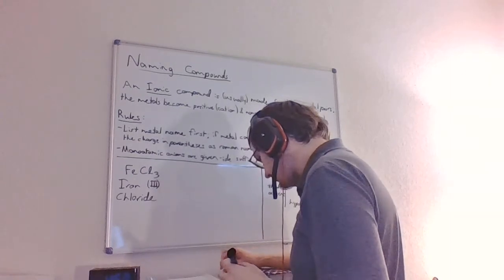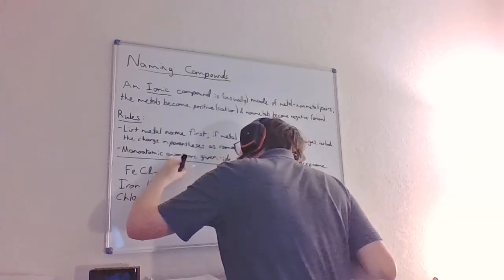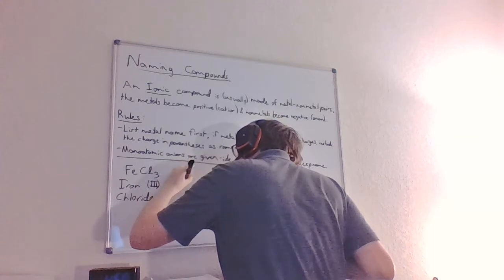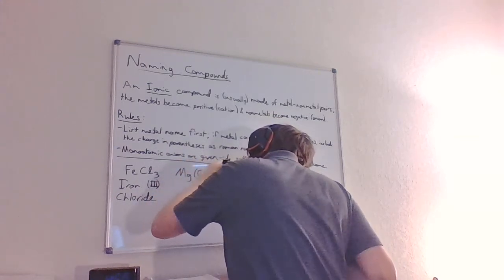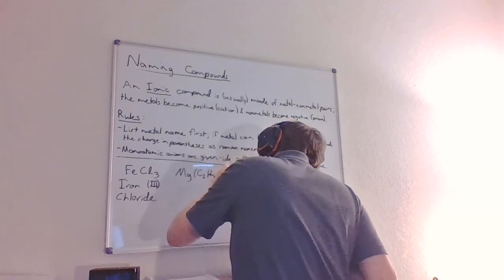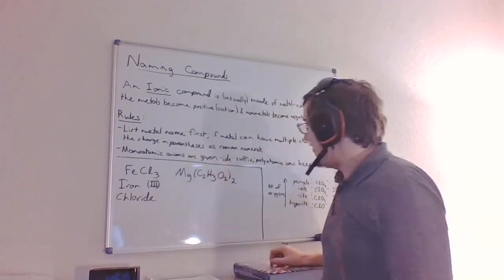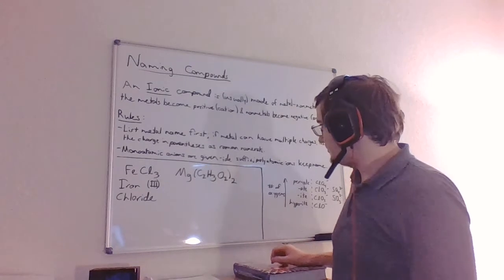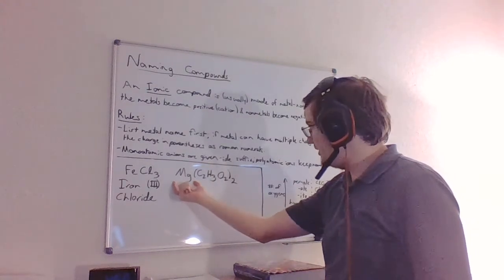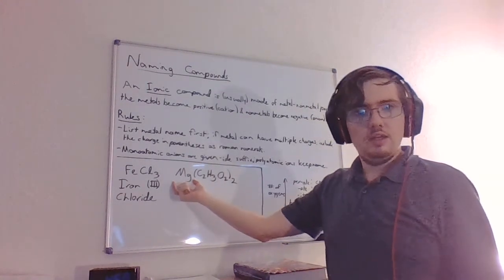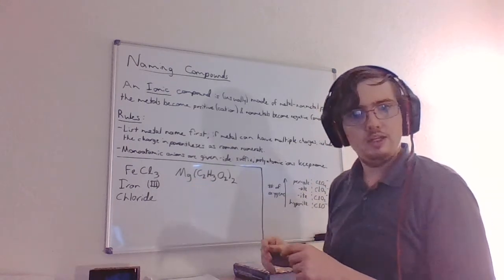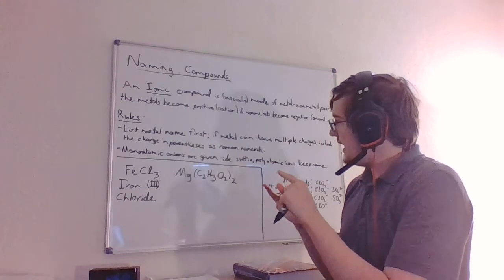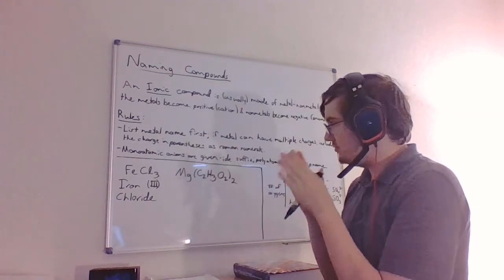Now you have this right here, Mg(C2H3O2)2. Okay, so here we have magnesium, and you can tell based on where it is on the periodic table that it has a charge of +2.